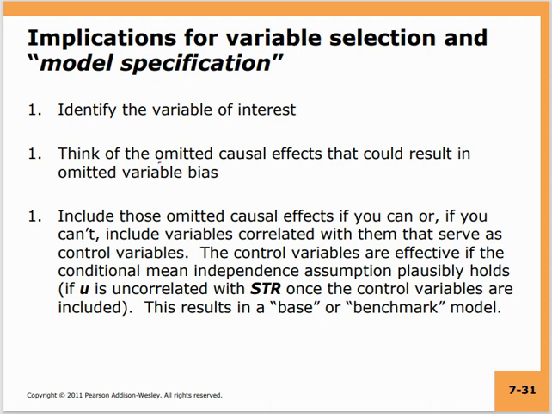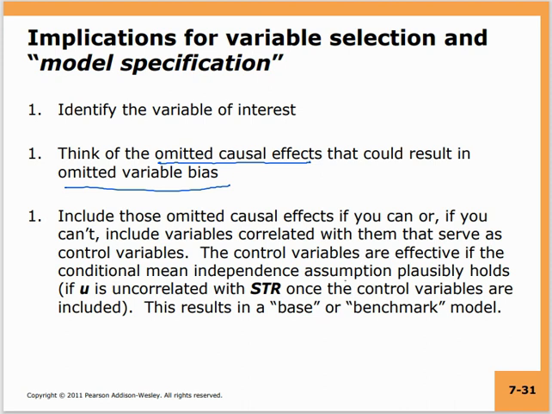Think of the omitted causal effects that could result in omitted variable bias. Include those omitted causal effects if you can, or if you can't, include variables correlated with them that serve as control variables. The control variables are effective if the conditional mean independence assumption holds.